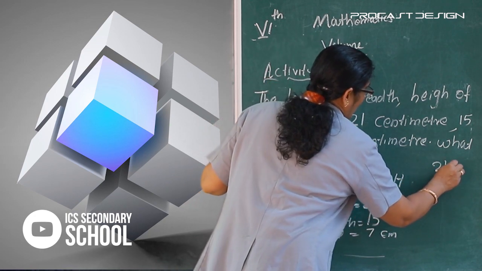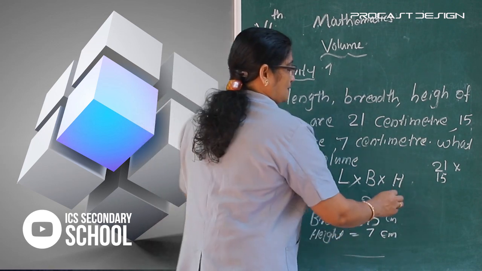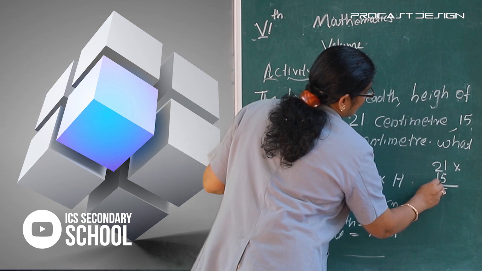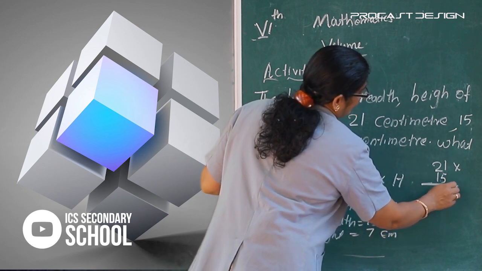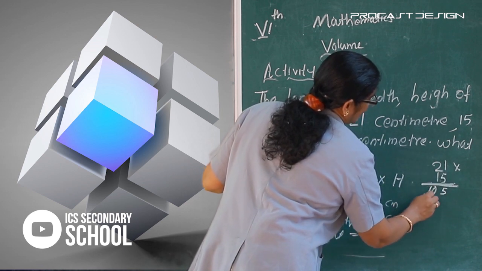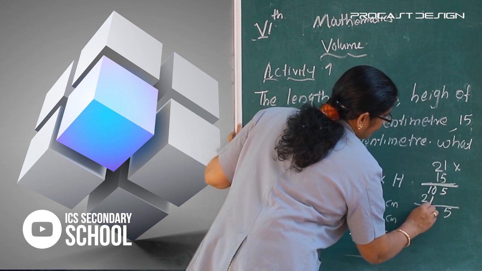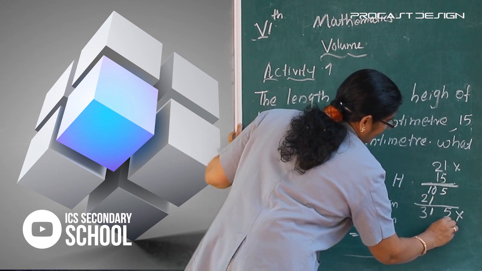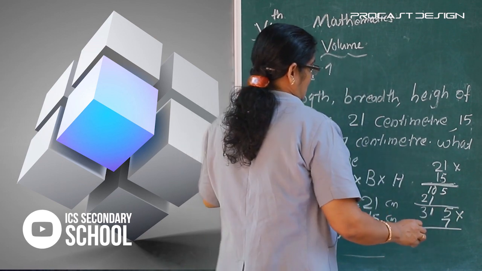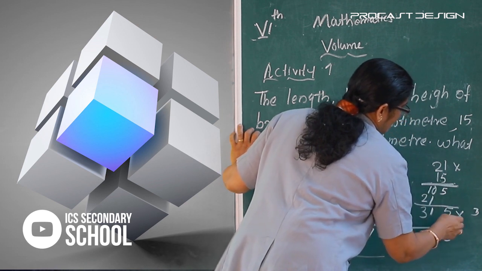21 into 15, length into breadth, multiply this number, then multiply by 7.